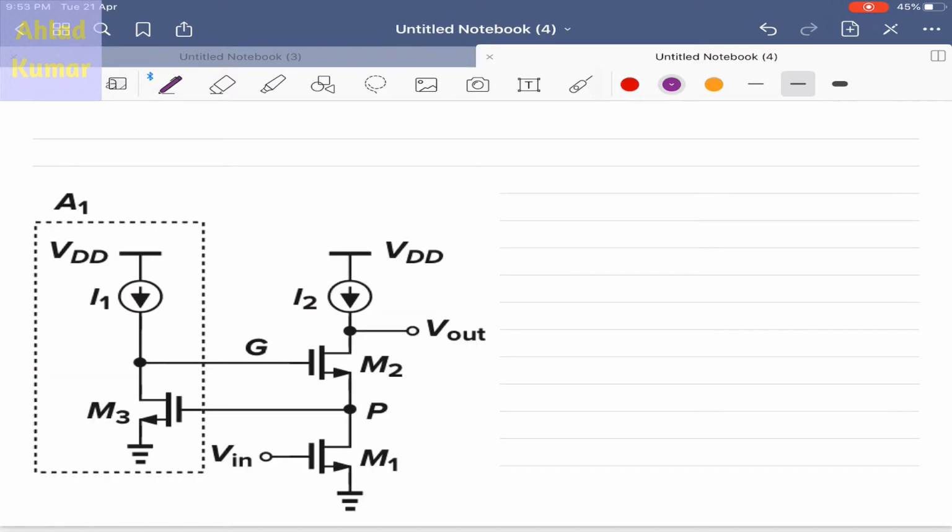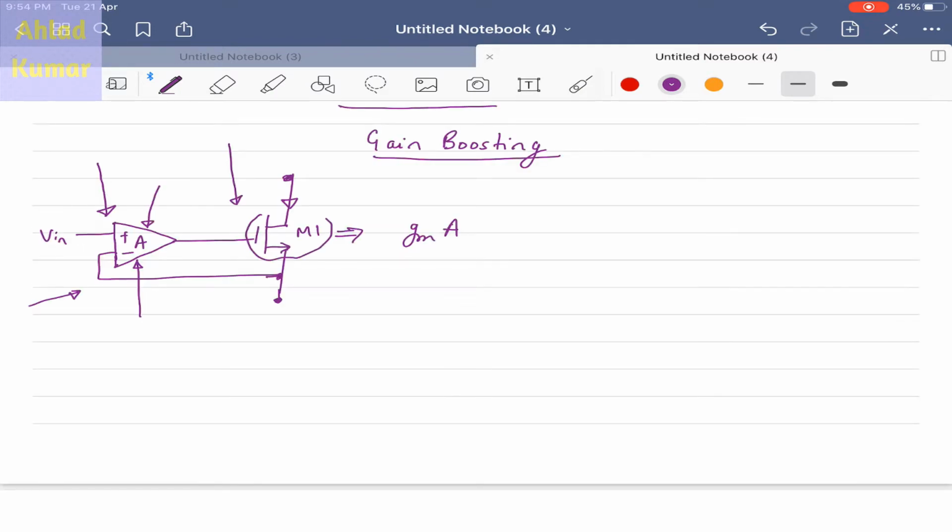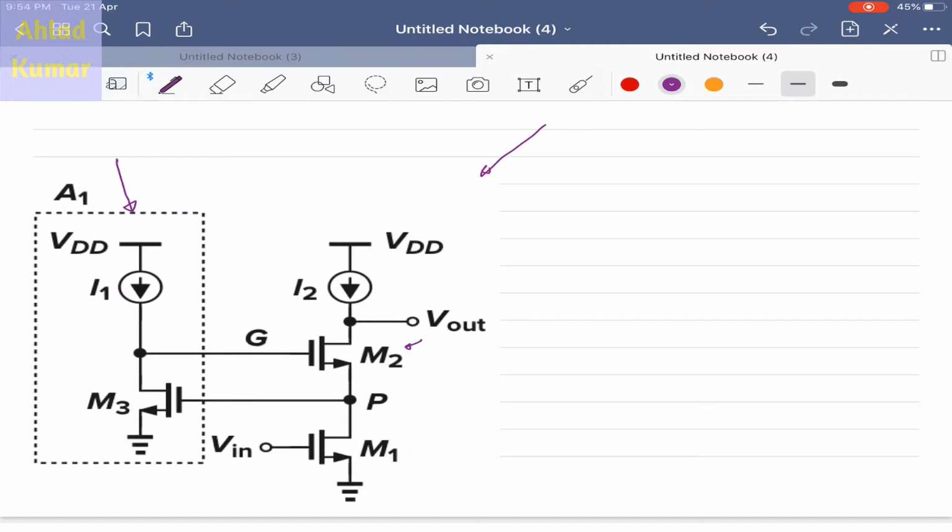So this is one of the ways of doing it, and here you can see that this dotted box is the amplifier A1 and this M2 is basically this transistor which is M1. And you can see how the source of this M2 is connected to the gate of this M3, and the output is taken from the drain of M3, which is connected to the gate. So this amplifier A1 is actually sampling the current from this node and applying voltage at the gate terminal of M2.